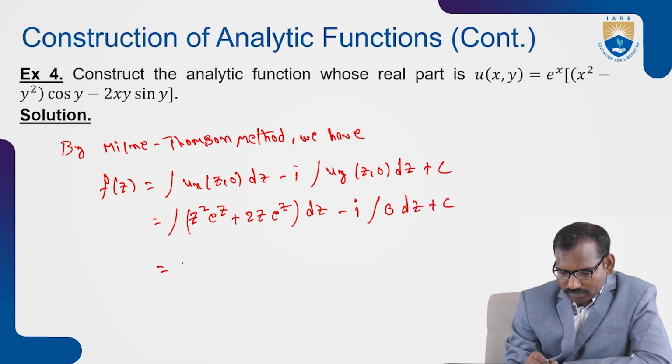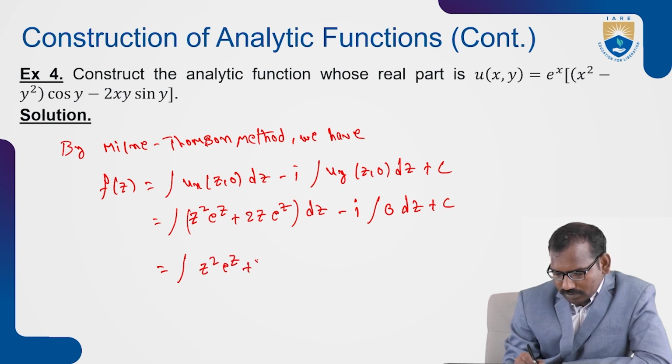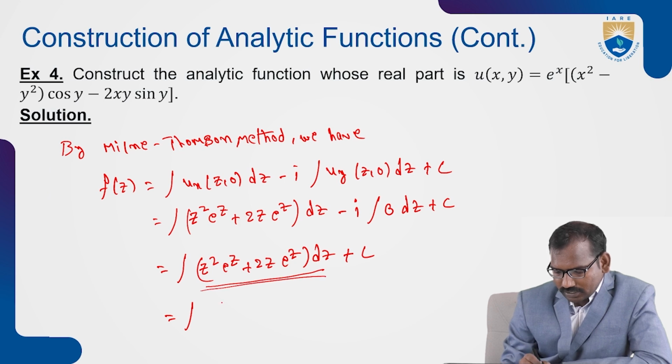So I can have only integration of z square e power z plus 2z exponential z dz plus c only. So this I can write as integration of, see, the whole term can be written in this form: derivative of z square e power z plus c.